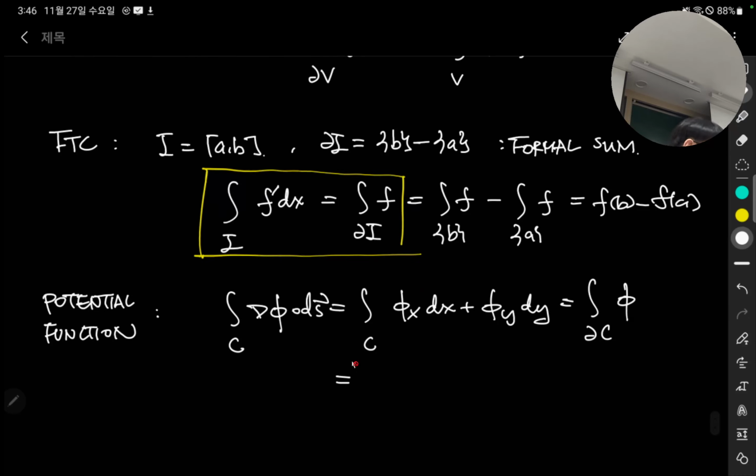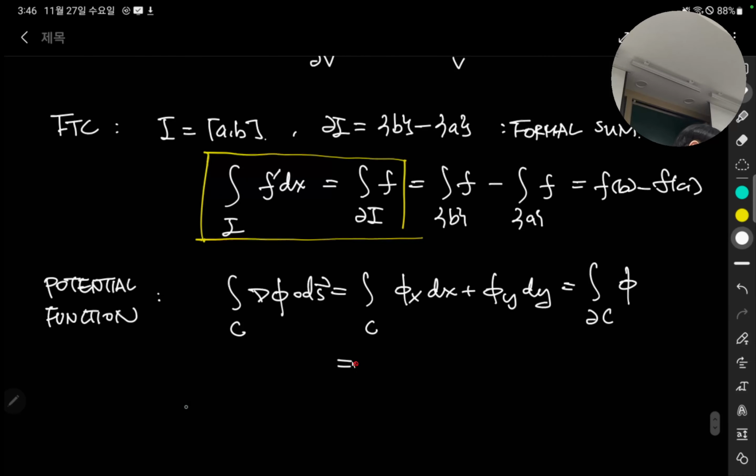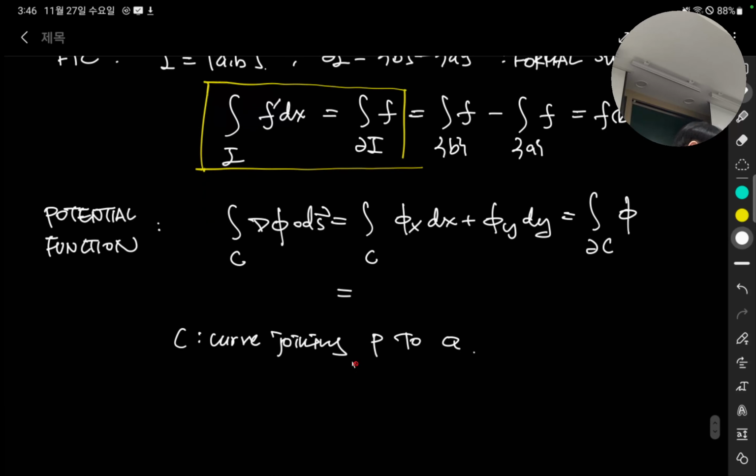So here the same thing applies. C is a curve joining P to Q. So there is a direction. Line integration always has a direction. So when you take the boundary of the curve C, you have to distinguish which one is the start and which one is the end.